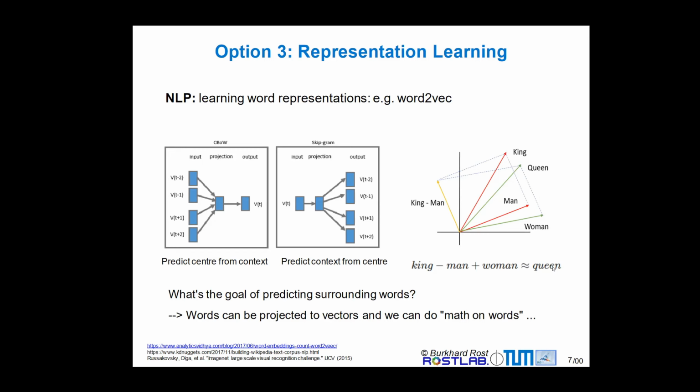And they found that queen is closest to this vector representation. This is just a very simple example to show what you can do with this. So essentially, you can now really do math with words. This example is rather exemplary to show the power of these approaches and the information in these vectors, that they actually captured something about the concept of gender, for example.